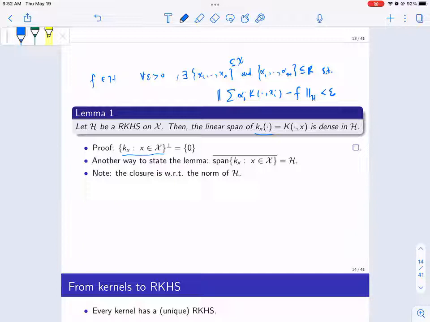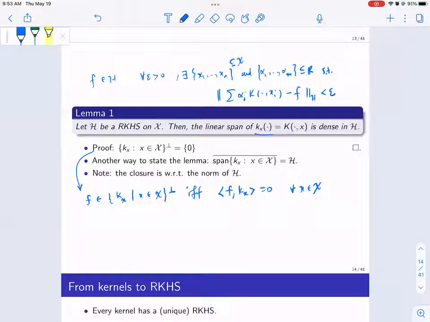So how do we show that this is true? That's the proof, basically a one line proof, but you just have to verify this. So f belongs to the orthogonal complement of the span of k_x, x in X, if and only if the inner product of f and k_x is 0 for all x in X.